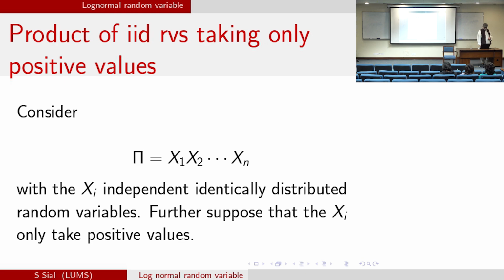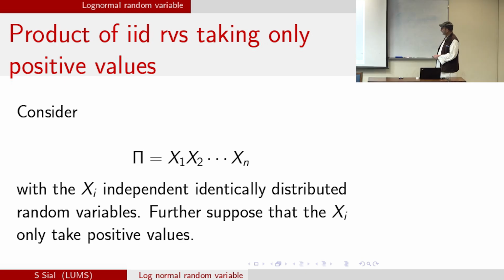Supposing that I've got a product of random variables, x1, x2 up to xn. I won't specify what they are, but I'll say that they're basically the same. They're independent, identically distributed random variables, the same mu, the same sigma.